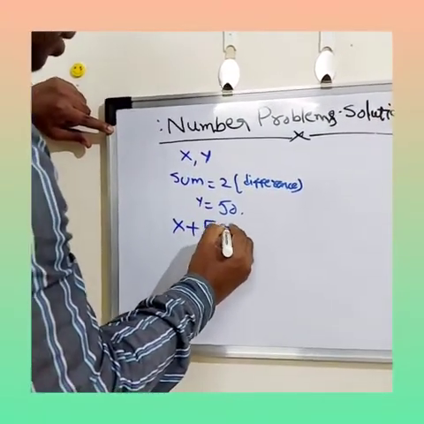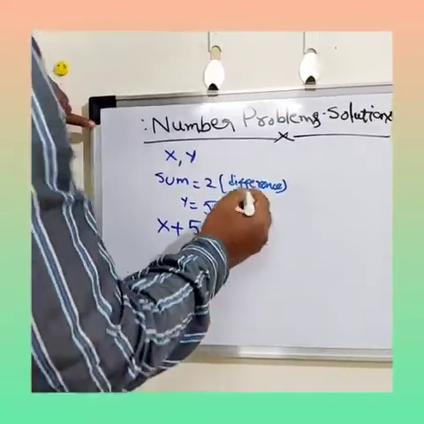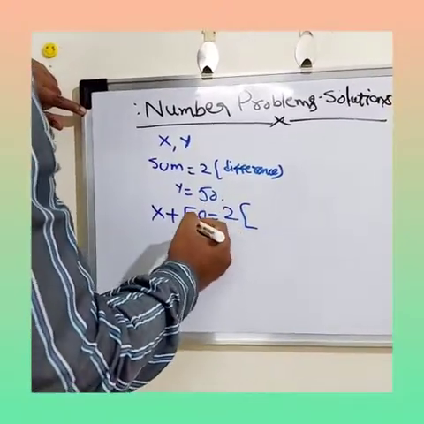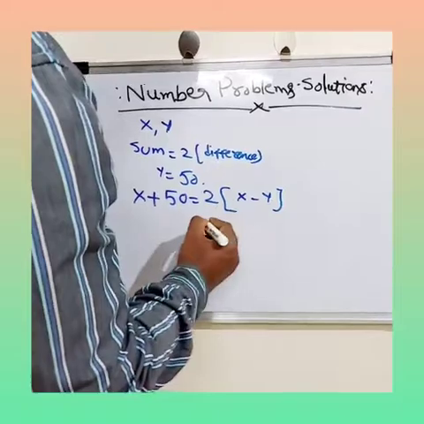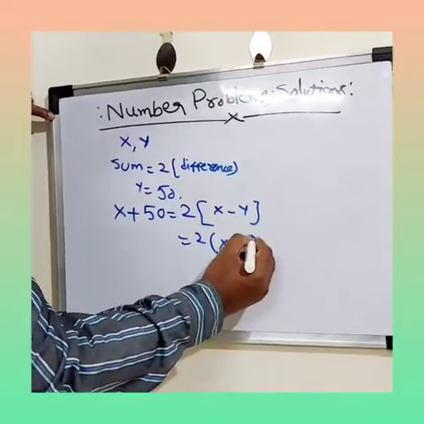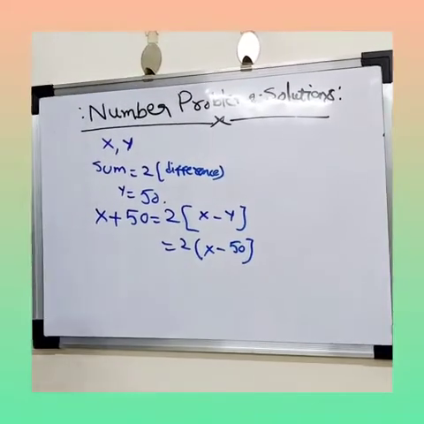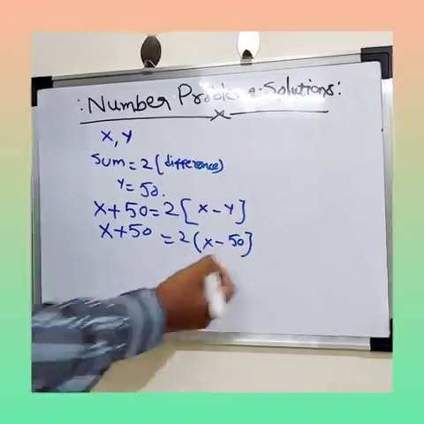So x plus 50 is equal to 2 into their difference, that is, 2 into x minus y. Already we know the value of y, so that is 2 into x minus 50. So x plus 50 is equal to 2 into x minus 50.